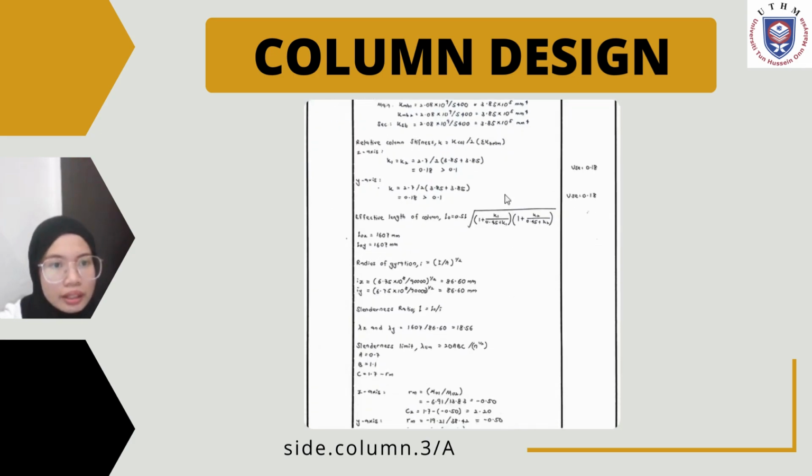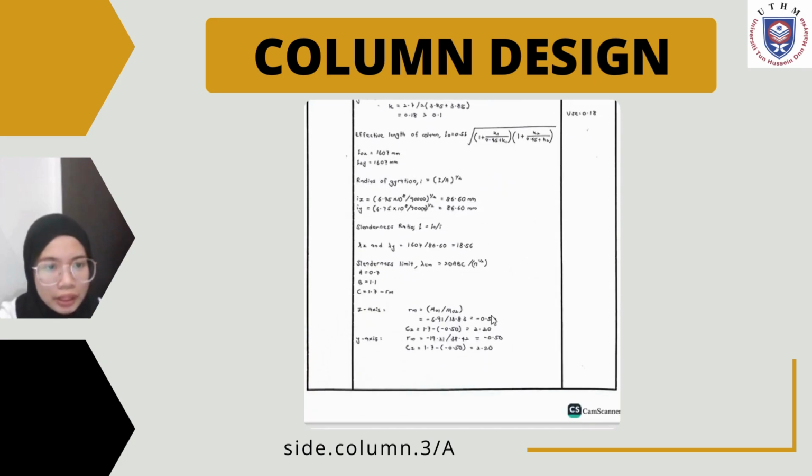Next, the relative column stiffness for both axes is more than 0.1. So we use the larger value to calculate the effective length of column. Then, the last calculation is slenderness limit. This is their formula, but A and B are already given in EC2.